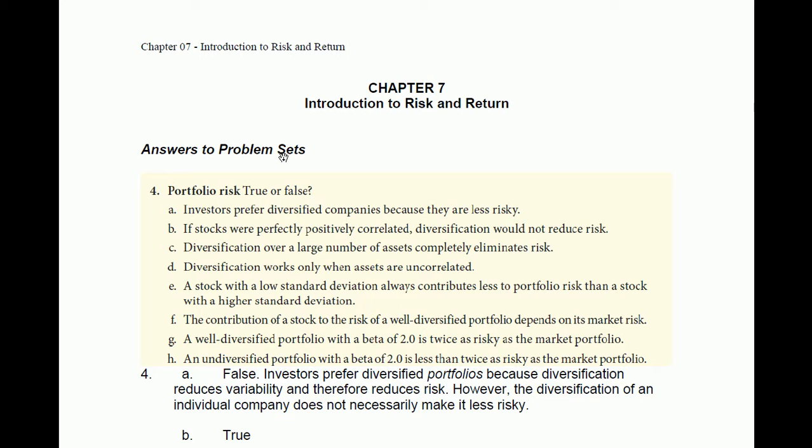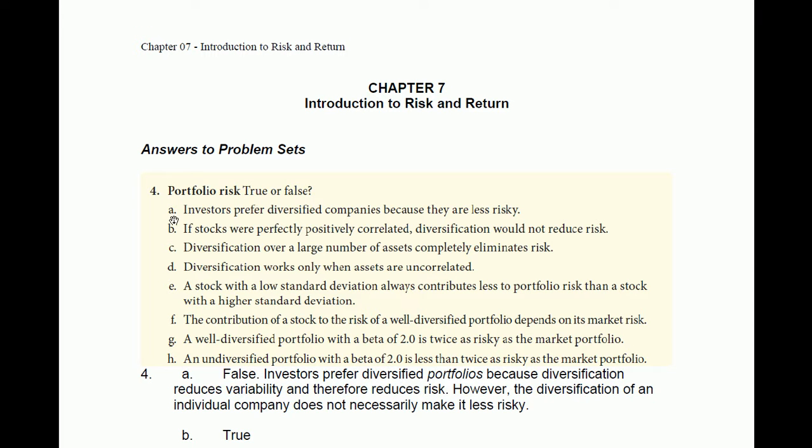Then let's come to chapter 7. This chapter introduces you to risk and return, mainly about the portfolio choice theory by Harry Markowitz and the mean variance formula. Question 4. Portfolio risk.